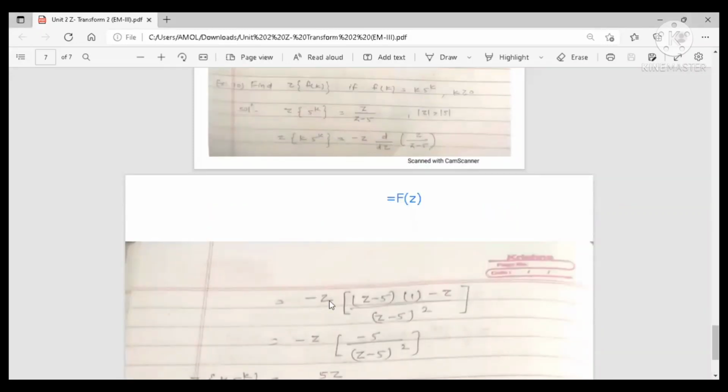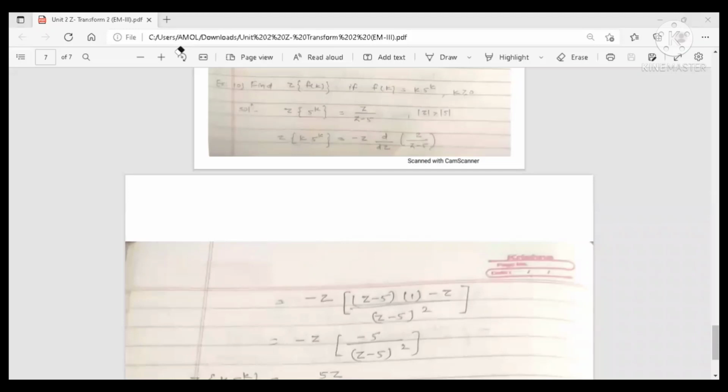This minus z as it is, use here the u upon v rule to differentiate it, because the term of z is there in the numerator as well as in the denominator. So we have to use the u upon v rule here to differentiate the function.